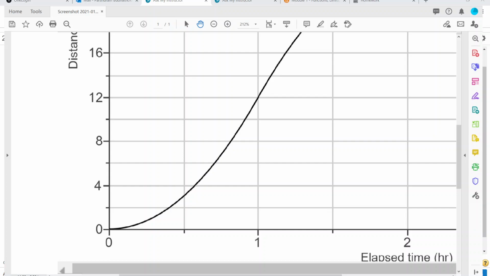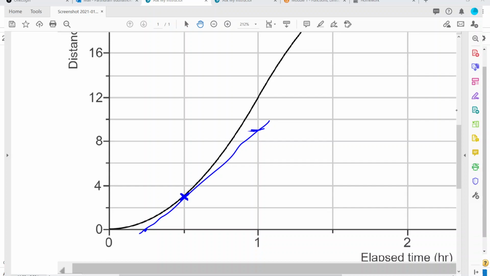So here we have to draw the tangent line. If I draw the line here, it's going to intersect somewhere here and somewhere here. As you can see, this is the tangent line, and we need to find out the slope of this tangent line.